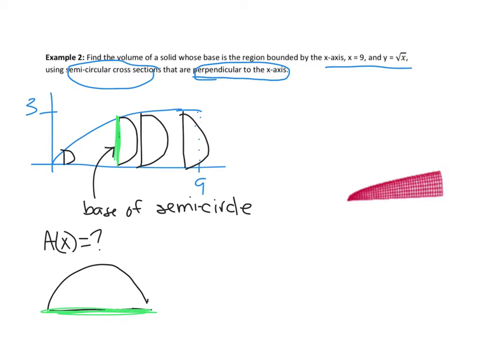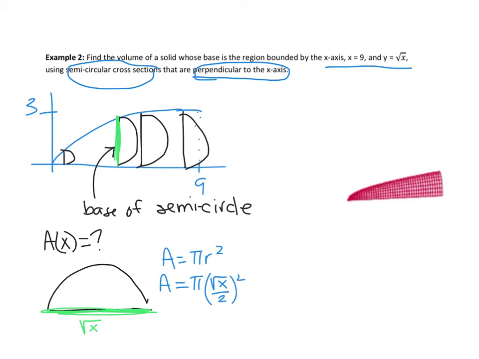So we know then that green length right there is equal to the square root of x. Now you just need to figure out the area of that semicircle. We know area equals pi r squared. So the radius is 1/2 of the square root of x. So it's going to be this.